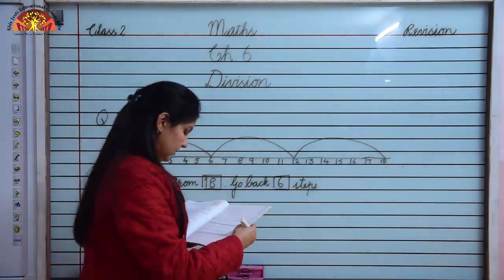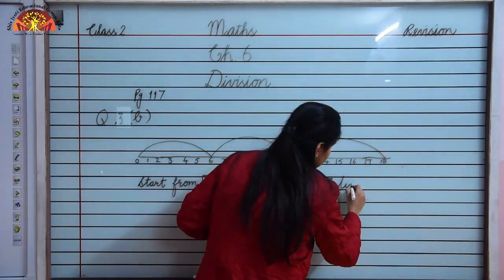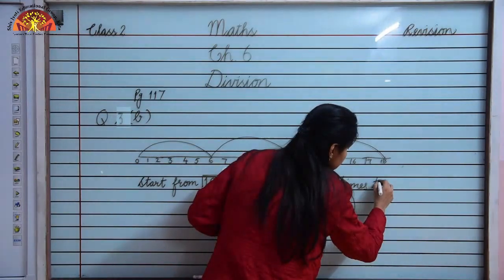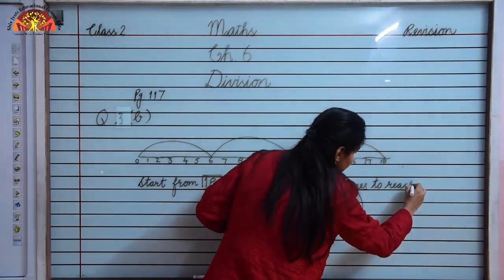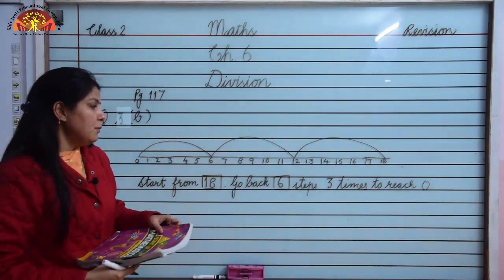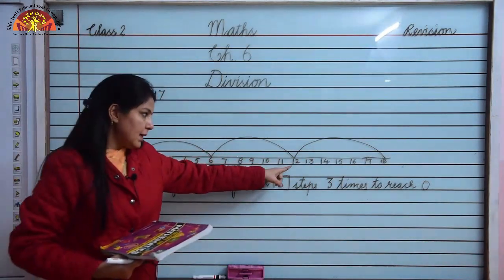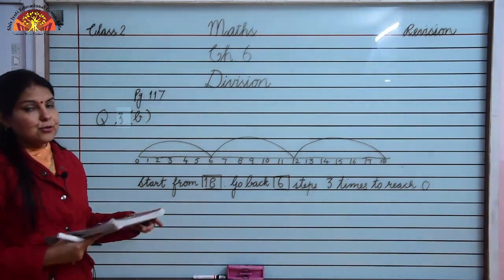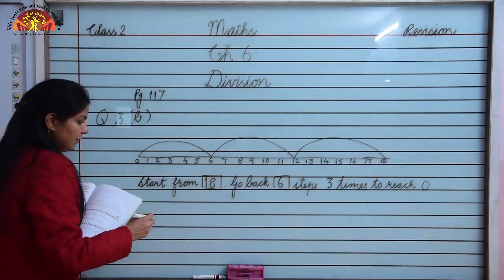So we will write 3 times to reach 0. It means children, starting from 18, go back 6 steps 3 times, then we will reach 0. So this is division by repeated subtraction on a number line.